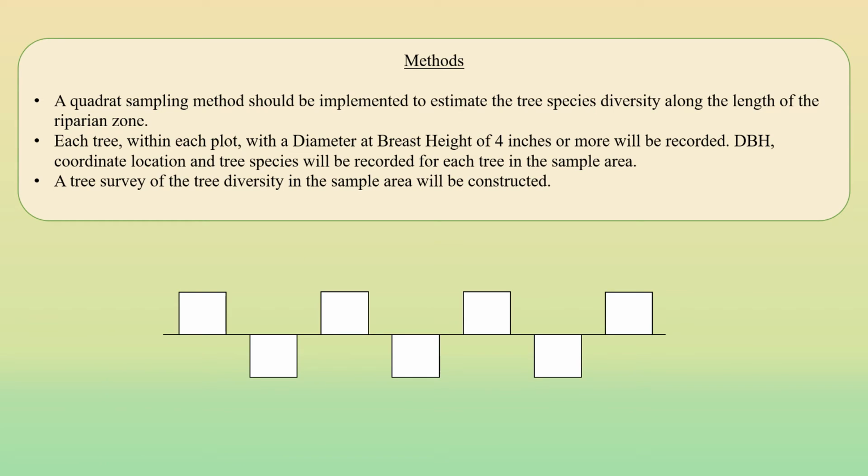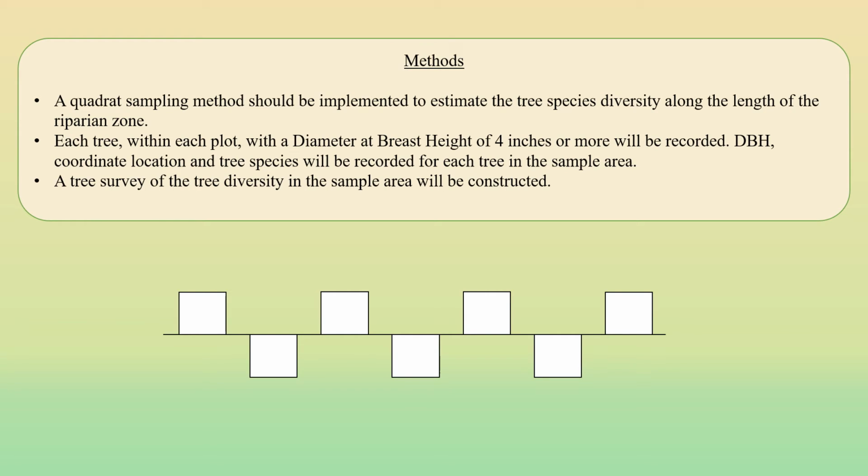For my methods, I will first implement a quadrat sampling method. With this, I will break up the riparian zone into evenly spaced plots from which I will collect my data. This will allow for an estimation of the total diversity in the riparian zone without requiring me to look at every tree. In each plot, I will measure the DBH, or the diameter breast height, of the trees.